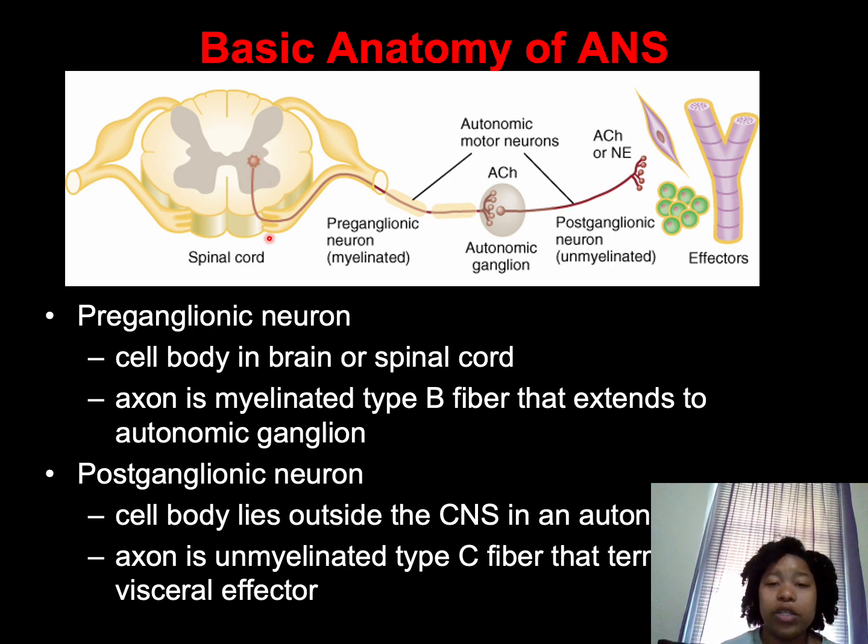It travels until it gets to this autonomic ganglion, and that stimulus is going to release acetylcholine. And then it's going to travel down an unmyelinated postganglionic fiber in order to get to whatever effector it's going to, whether that be smooth muscle, cardiac muscle, or a gland. And it'll release either acetylcholine or norepinephrine, depending on what it's trying to do.